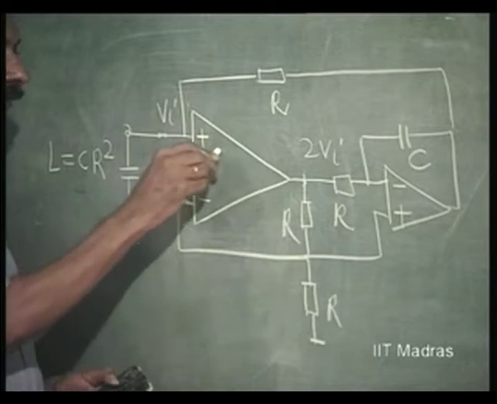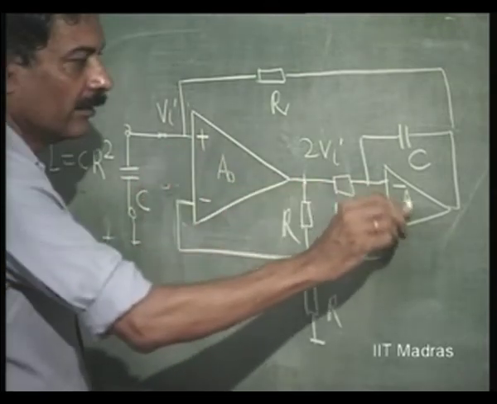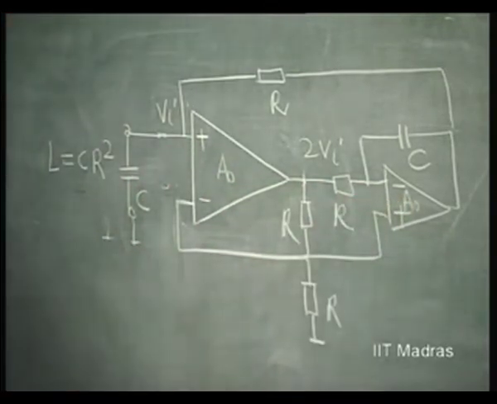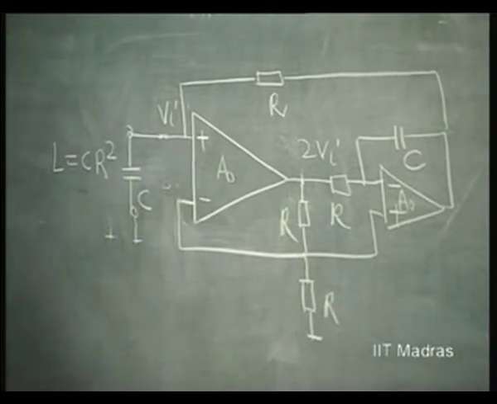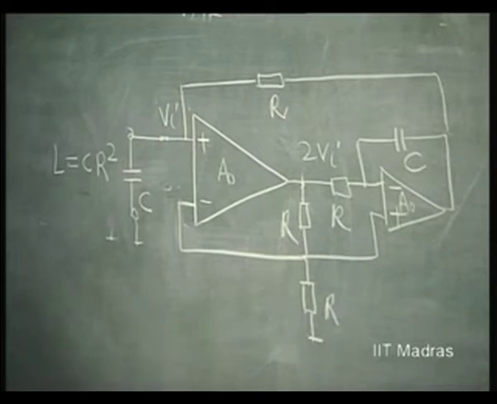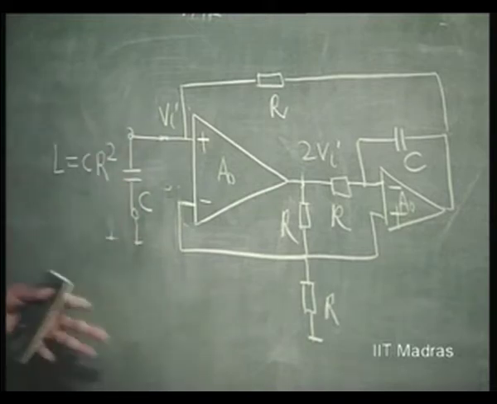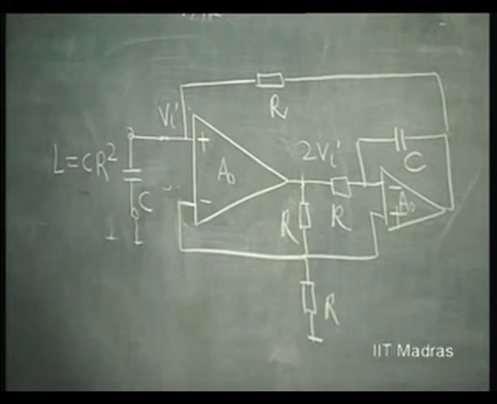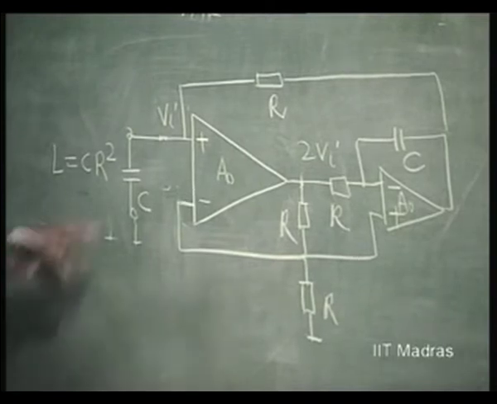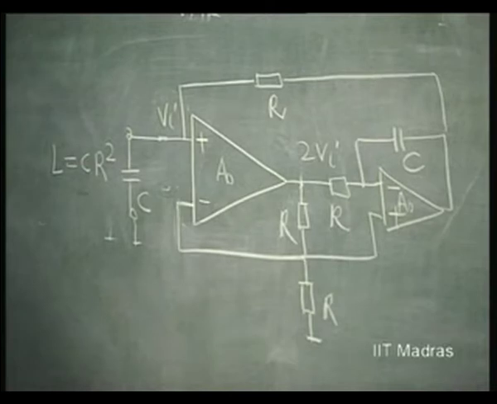But actually, if you take finite gain, which is non-infinity, then this inductor will be shunted by a resistance of magnitude dependent upon A naught into R. So, there will be a loss component. Even otherwise, the capacitor also will have a loss component. So, necessarily I must put a negative resistance of suitable magnitude to make it go into oscillation. Otherwise, the oscillation will invariably die.